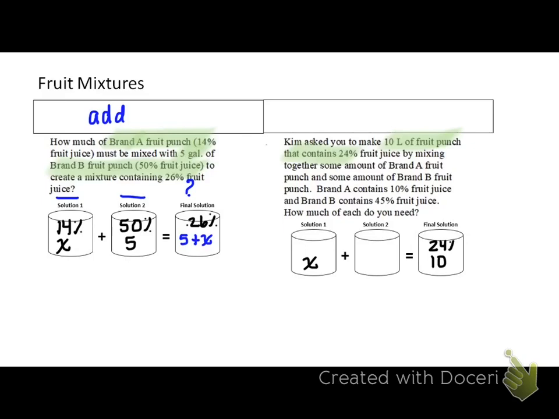So A and B have to both be added together. Brand A is at 10%, brand B would be at 45%. In this case, we're given solution number 1 and our final solution. So what should we do in this case? Subtract.